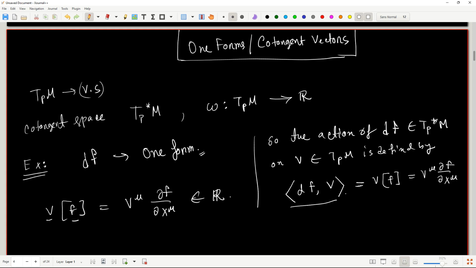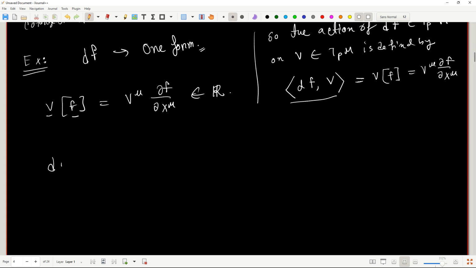Now note that our df is expressed in terms of the local coordinates, right? That is, what I'm saying is that this differential is actually coming in terms of the local coordinates. So you can take this differential and expand it in terms of the local coordinates like this.